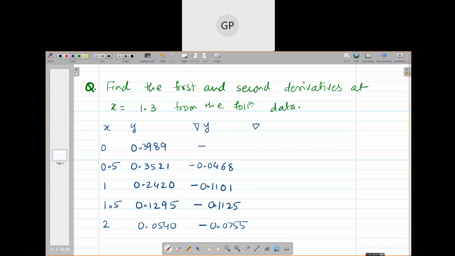The next, del square y, first two cells are empty.